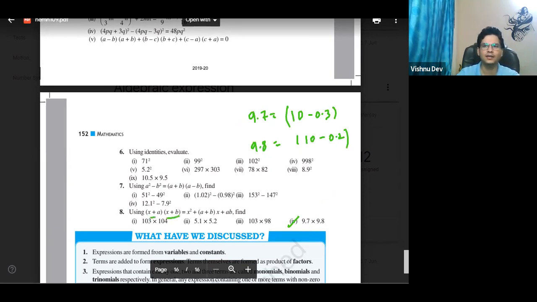Understood? Where a is minus 0.3 and b is minus 0.2. Tanushri, got this? Yes, sir. So here a is minus 0.3, b is minus 0.2. Okay, next.